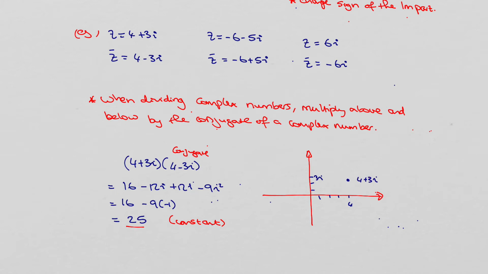And if I look at the conjugate, 1, 2, 3, so minus 3i, what we can see is that it's reflected in the x-axis. So our conjugate will always be reflected in the x-axis.